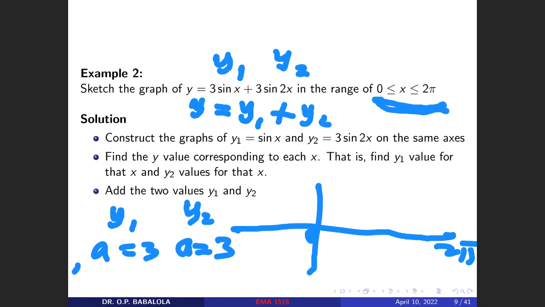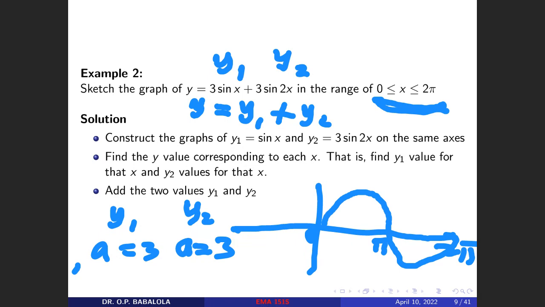So now you have to construct the graph of y1. That's easy. Your B in y1 is 1. So you simply sketch, and you've been told you have from 0 to 2 pi. So this is pi. All right? That will be the graph of sine x.